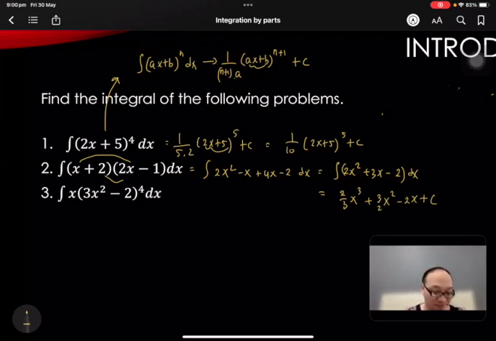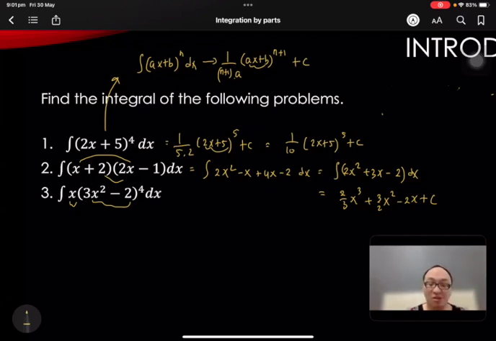And how about the third one? The third one, the integral of x times (3x squared minus 2) to the power of 4 dx. We see that x is part of the derivative of 3x squared minus 2.